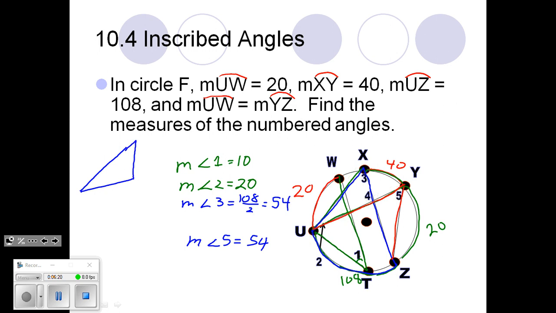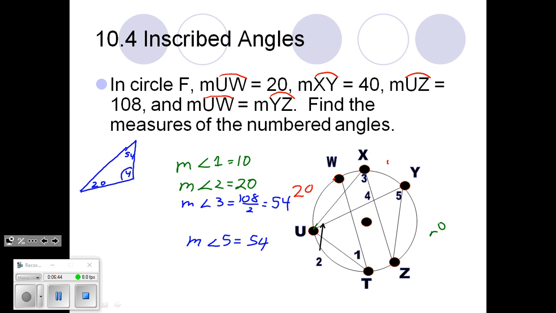Okay? Now, angle 4, I'm going to bring it over here and let you guys see this real quick. Angle 3 is 54, and angle 2 over here is 20. Well, now we see that angle 4 just makes a triangle with those two. So I had to draw it kind of over there because I know my football play here is getting kind of messy. So we'll clean this up a little bit.